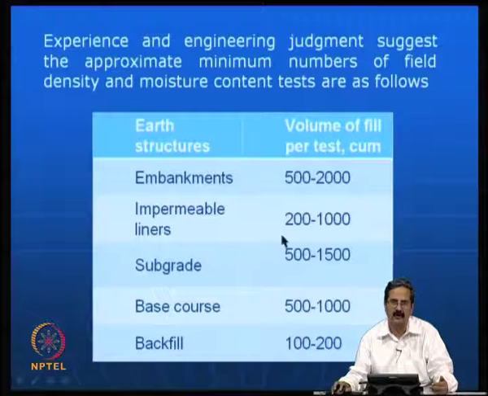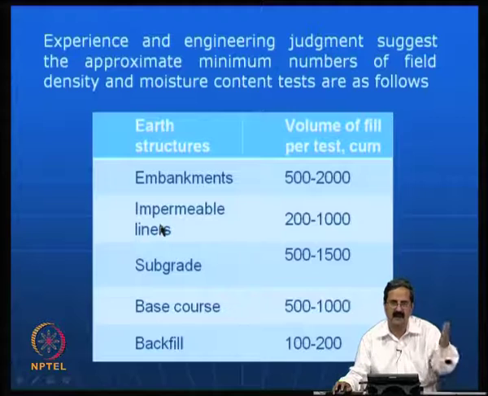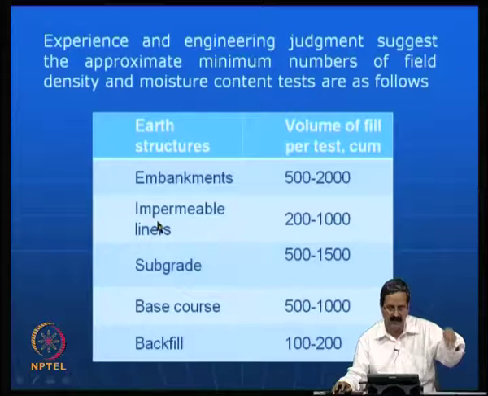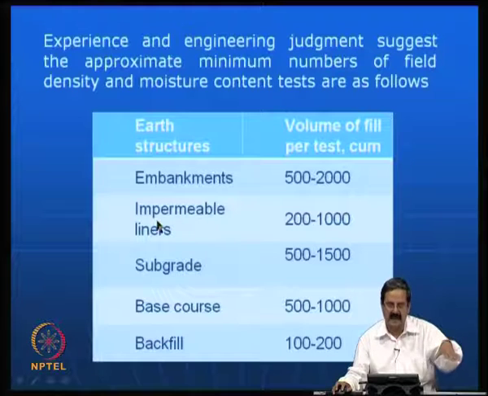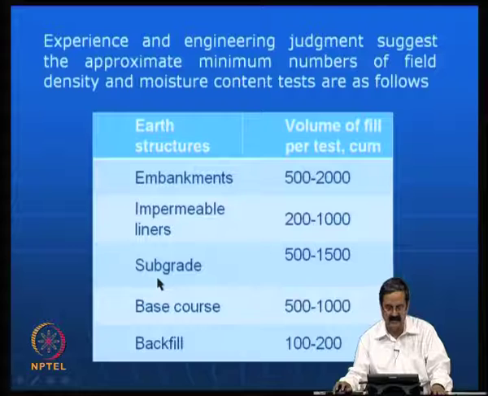Then, say, impermeable liners, such as canal lining where water is allowed through these canals, you do not want a lot of permeation to occur from the canal. So, you need to have some criteria like this: subgrade soils, base course soils, backfill for a retaining wall.